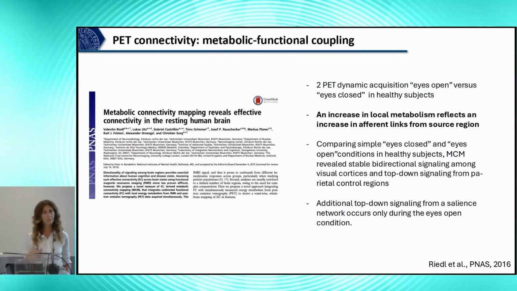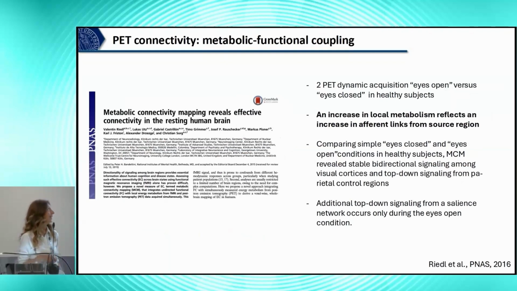But we wanted to learn a little bit more, also in the healthy subject, considering this metabolic connectivity map. And we can go inside. So this is a paper published by Riddle in 2016, really interesting. There is a lot of different stuff. He used two different dynamic PET acquisitions, one with eyes open and another one with eyes closed.